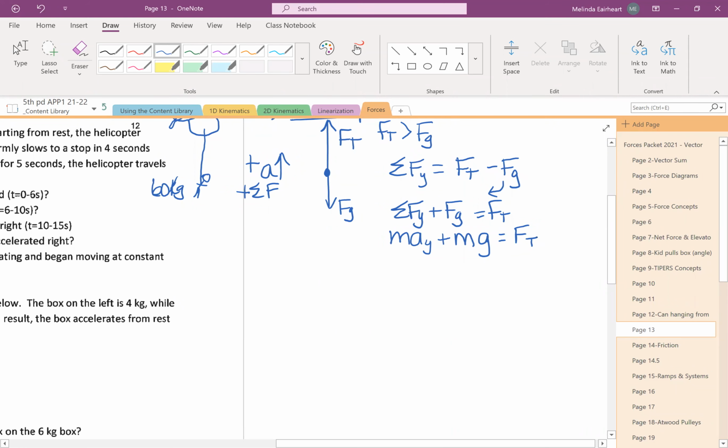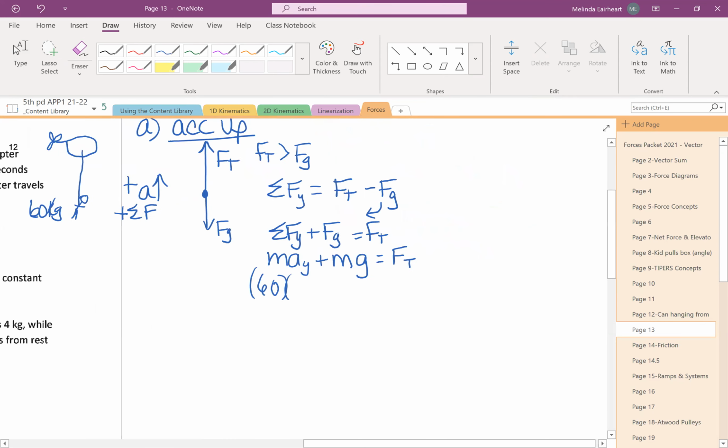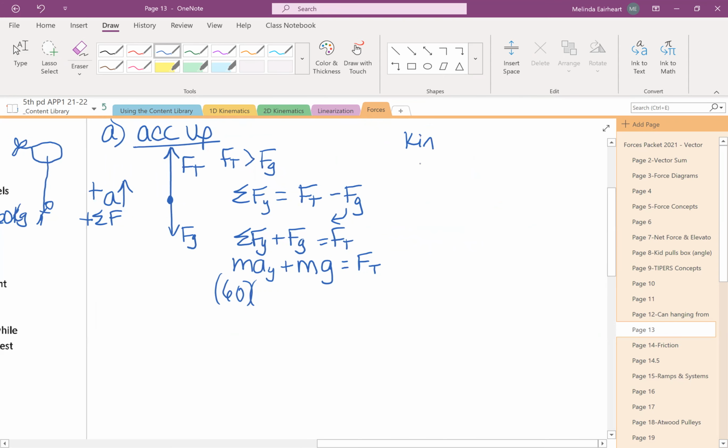And so we do know the mass. They said it was 60, I believe. Then acceleration. Did they give me the acceleration in that 0 to 6 seconds? No, but we can go find it. So pause on A. Let's use kinematics to solve for acceleration.